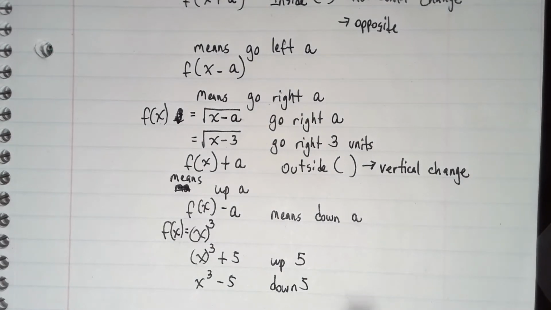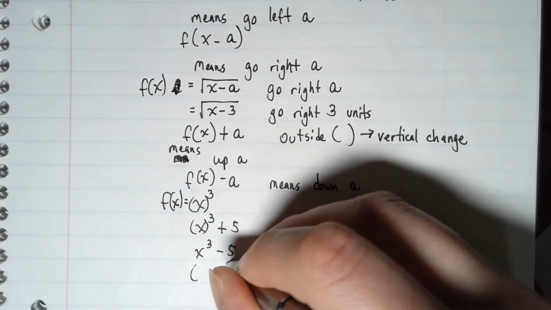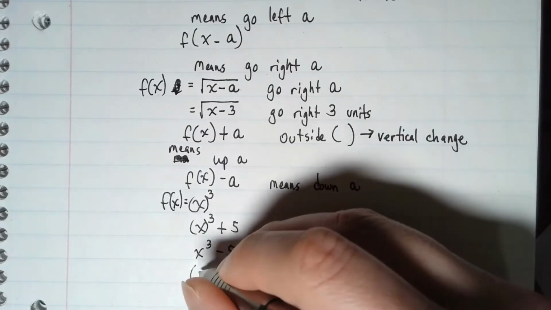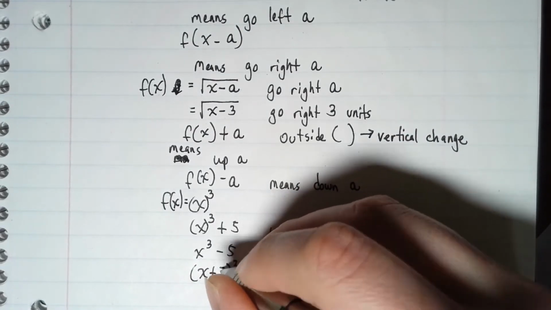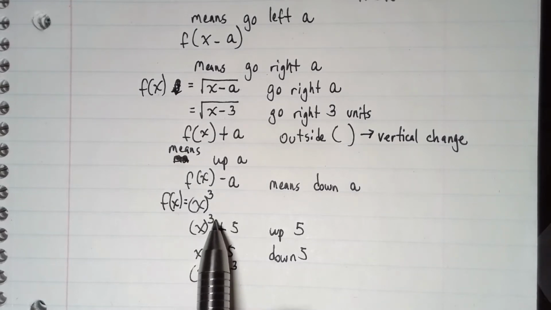So what's it look like if it's horizontal? Well then, I have to make sure I'm not just cubing x. As you can see, this plus 5 is affecting x, which is also being cubed. Unlike earlier, when the plus 5 was affecting x cubed, this time the plus 5 only affects x, which is inside the parentheses.